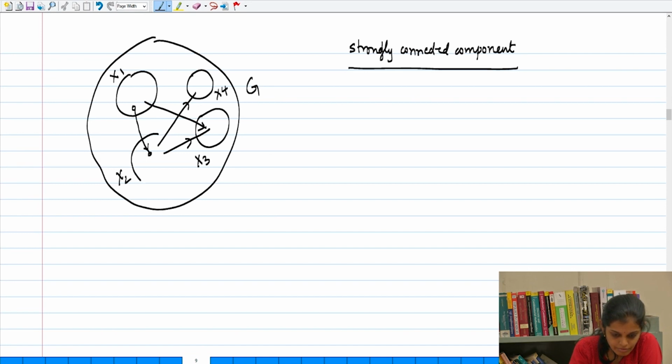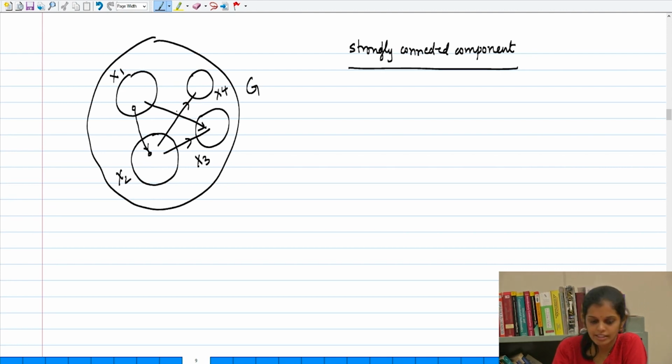I can have edges going from X2 to X4, but then I cannot have an edge coming from X4 to X2. Similarly, I could have had an edge from X4 to X2, but then I should delete the edge from X2 to X4. So what kind of a structure do you see on this meta graph? I just forget that there are internal vertices, and I draw only X1, X2, X3 and X4.